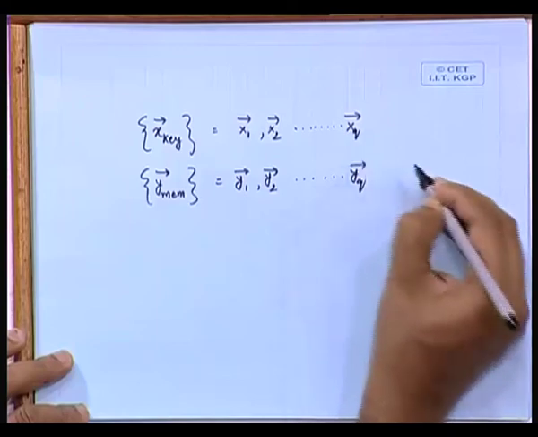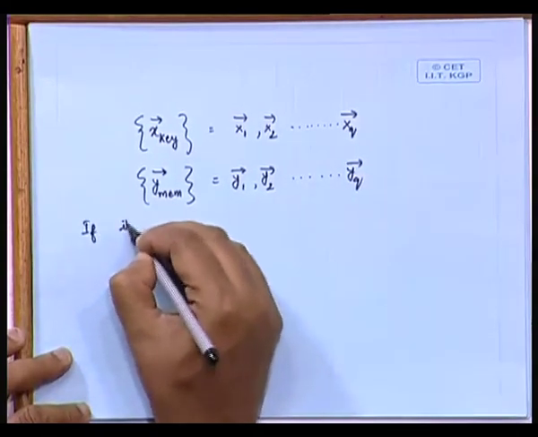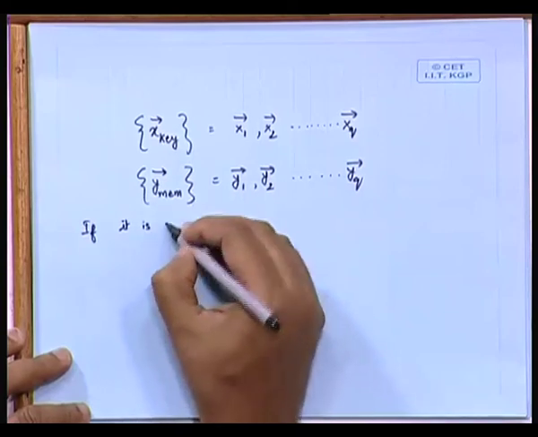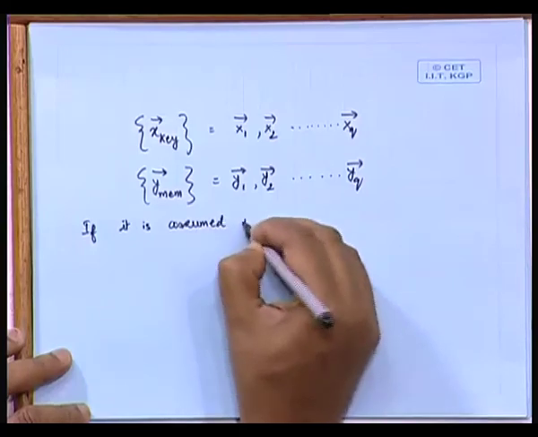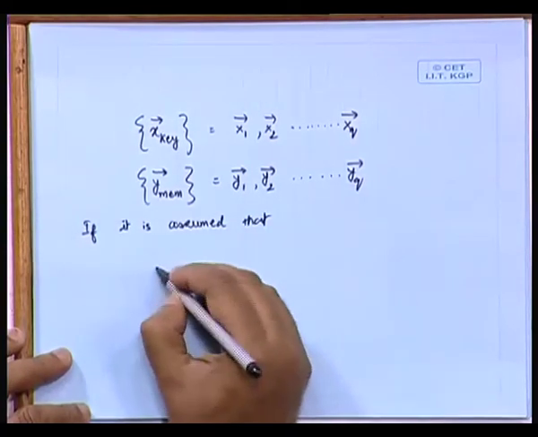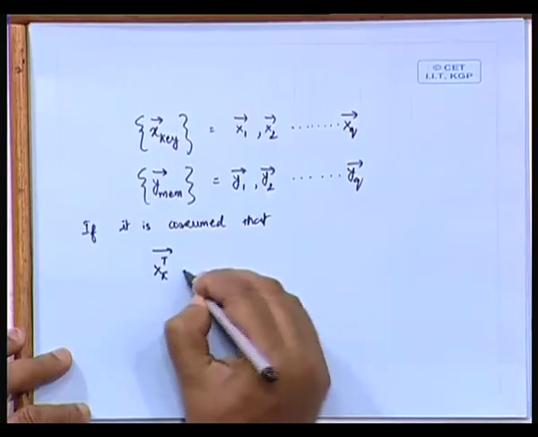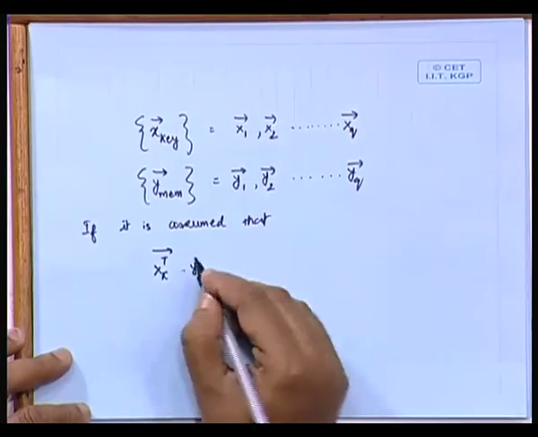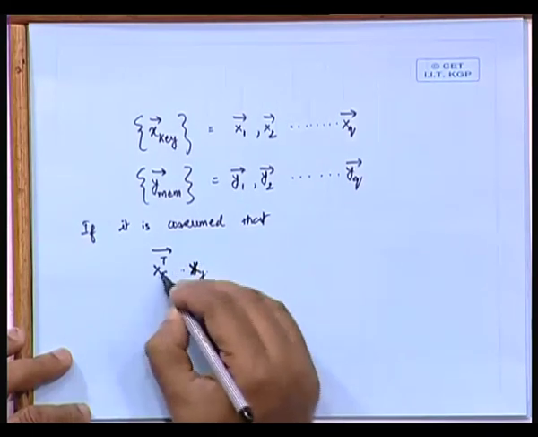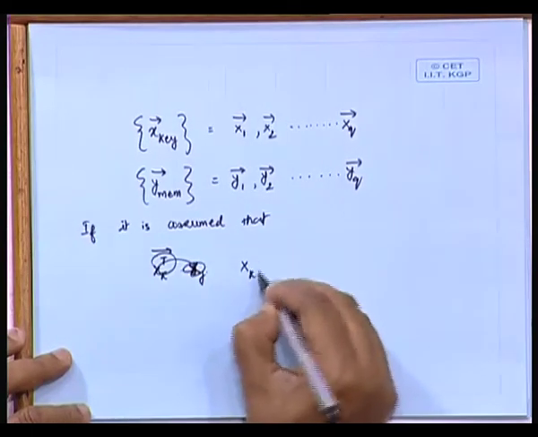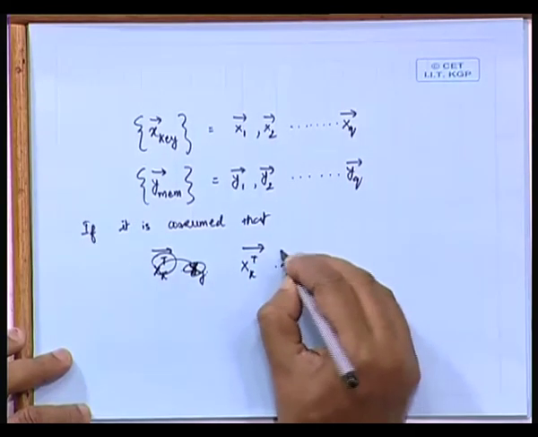Now, consider xk transpose dot product with xj vector.